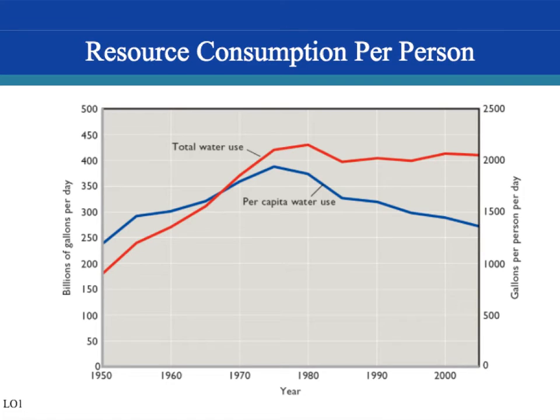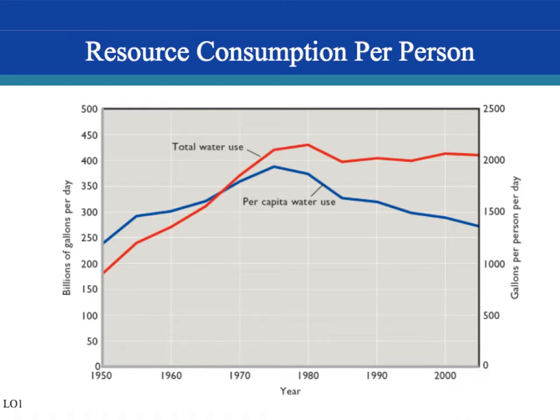Okay, but overall, we can see here that total water use is here in the red, and per person water use peaked here around 1980, and then it has remained steady throughout that time, and actually per capita water use has fallen.